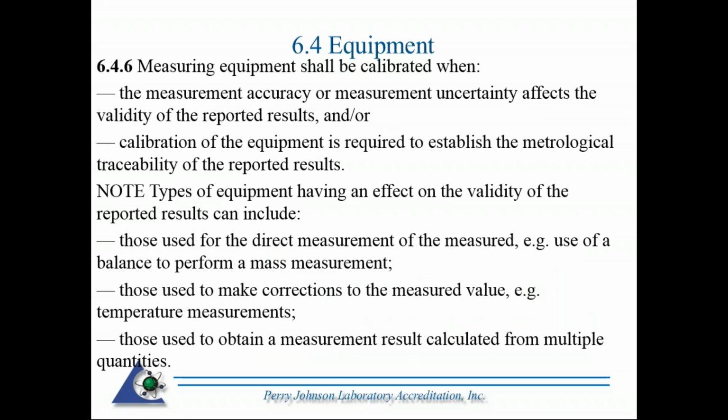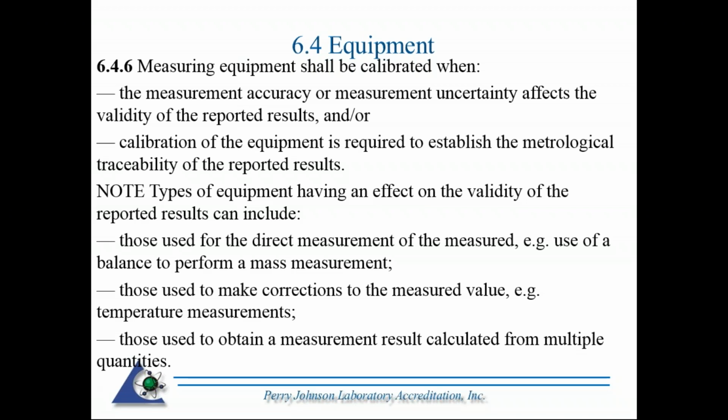So measurement equipment shall be calibrated when, and this is where the standard expands between 2005 and 2017, the measurement accuracy or measurement uncertainty affects the validity of the report's results, and or calibration of the equipment is used to establish the metrological traceability of the reported results.